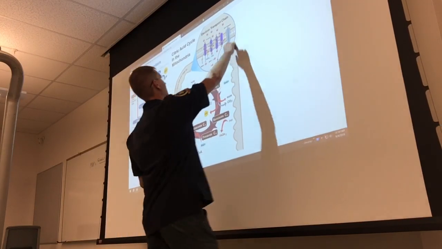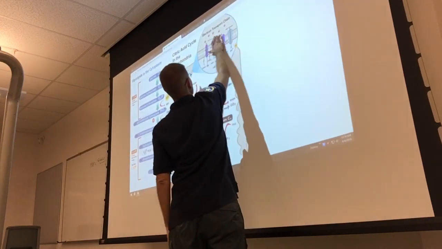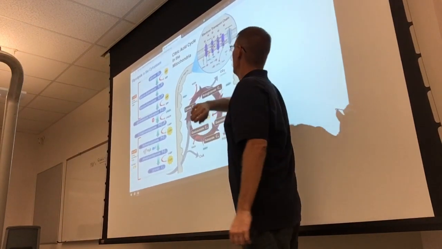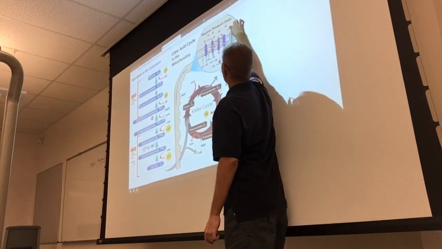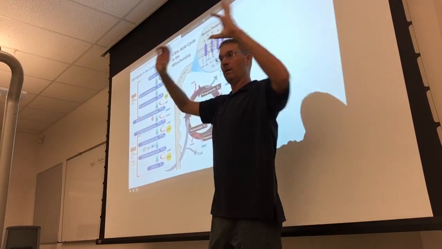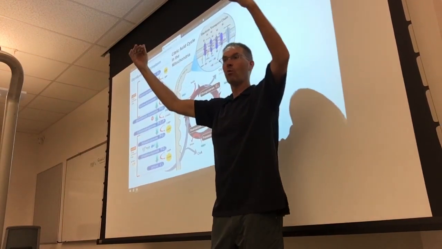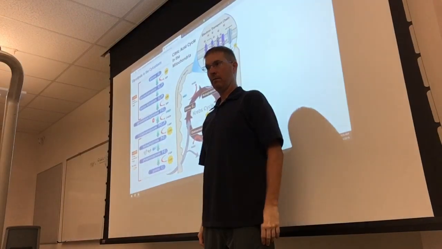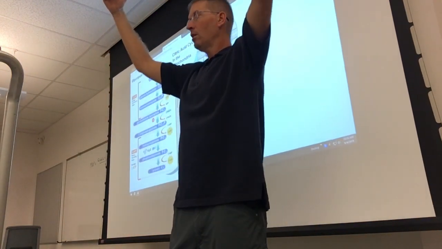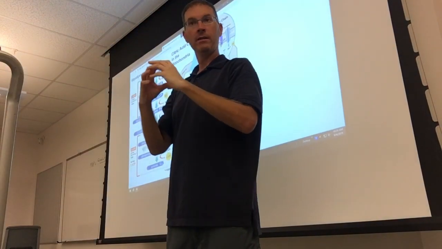So what happens is I have a bunch of hydrogens that have built up. You guys see that there? And hydrogens flow through this channel. So think of this as like a dam, and you have a bunch of water behind it. And what can you do if you dam up a bunch of water? Well, you can put a pipe in that dam, right?